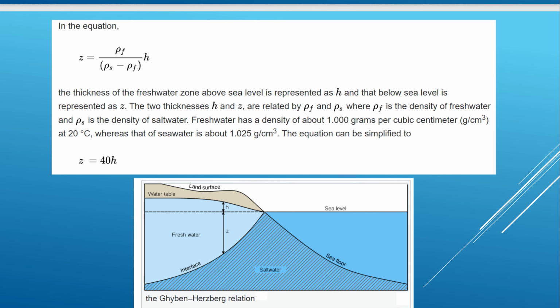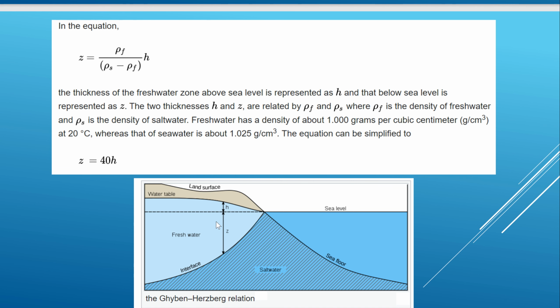After having a look at this equation, the Ghyben-Herzberg equation is Z equal to rho F into H divided by rho S minus rho F. And what is Z?